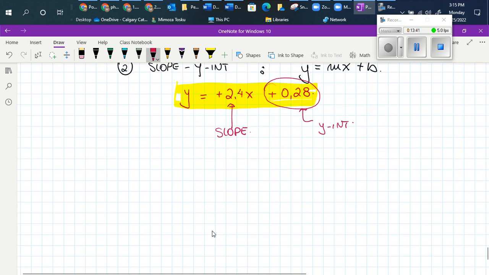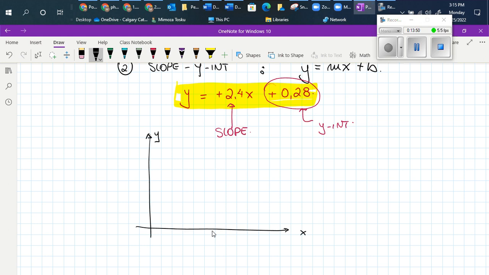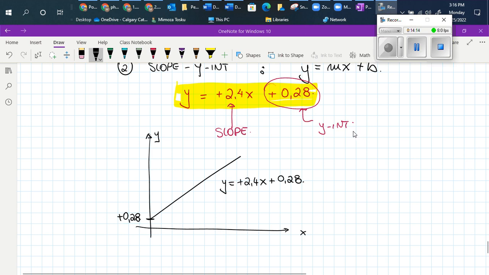Graphically, a line like this will be represented like this: this is y and here is x, and then we have a positive 0.28 going like this, and a positive slope that is, in our case, let's say 2.4.